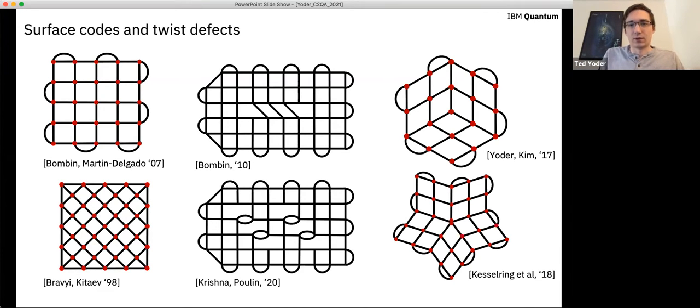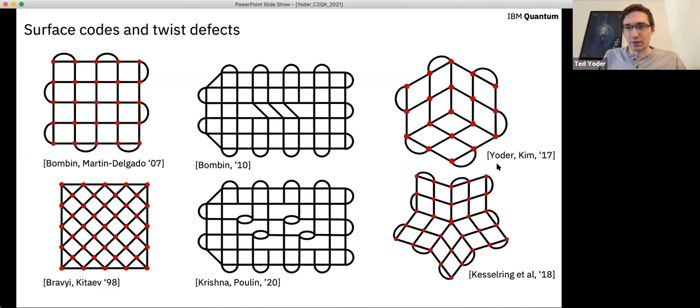And then there were a series of papers about certain defects in the surface code called twist defects. Bombin was the first, in parallel with Kitaev, to define these twist defects. In his formulation, 2010, there are weight 5 faces in the graph, and these are essentially where your twist defects are located.